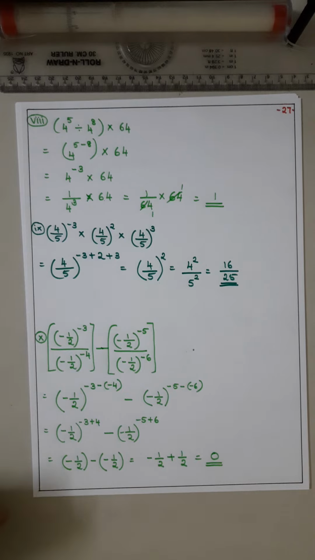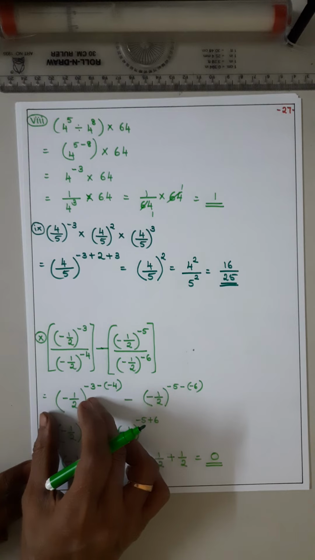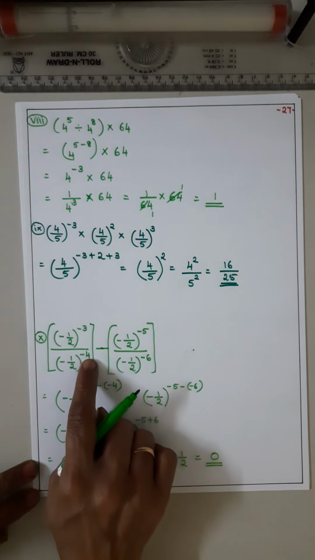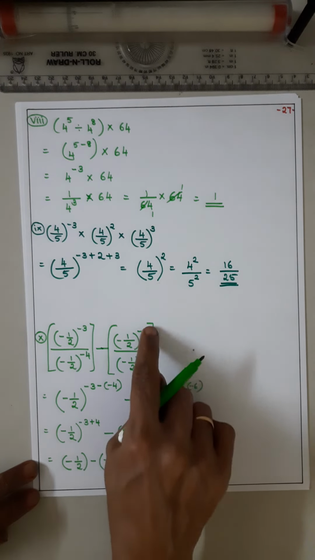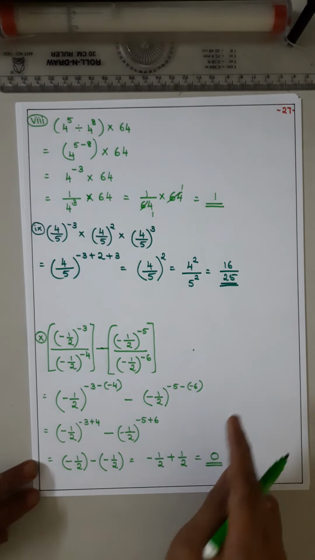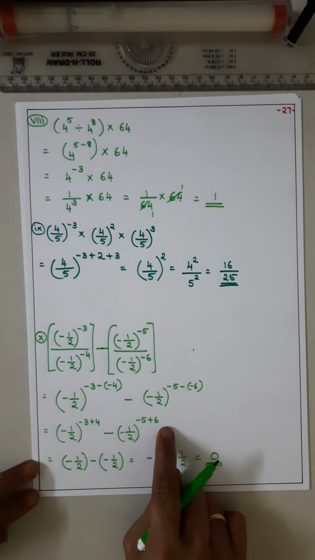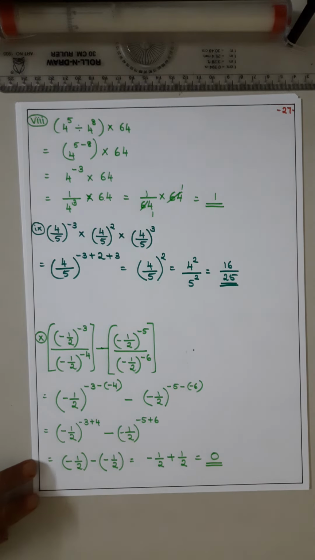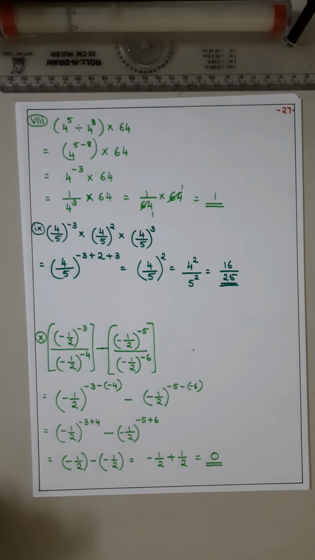So what we did? First ये कॉलम को पहले करने का, -1/2 -3 माइनस ऑफ -4, दैट मीन्स +4 बनता है. इधर -5 ऑफ -6 है ना, सब्ट्रैक्ट करने का है, तो -5 + 6, सो दोनों का पावर बन गया 1. सो -1/2 + 1/2, माइनस ऑफ माइनस प्लस बनेगा, इसके लिए 0. ठीक है.